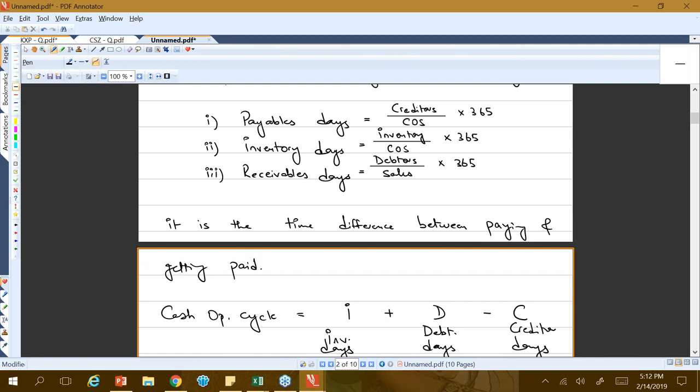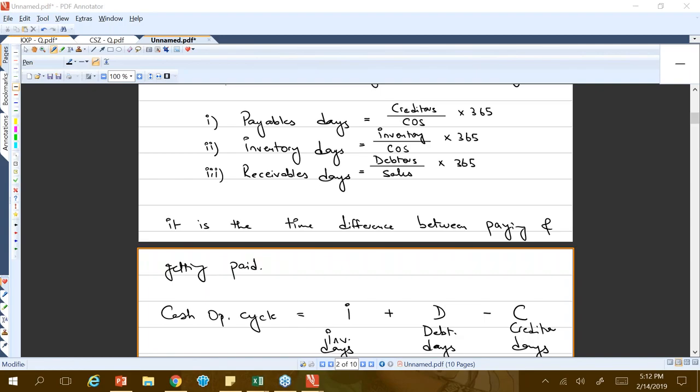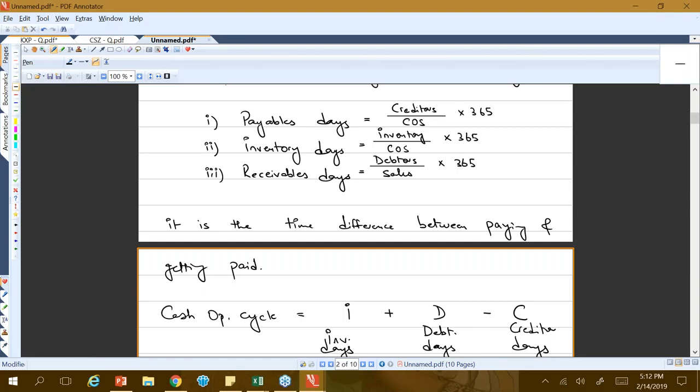And this gives us the cash operating cycle. You can also remember this with a quick memory aid, IDC, which is I don't care. So I is inventory, D is debtor, and C is creditors. So this is the situation we have.